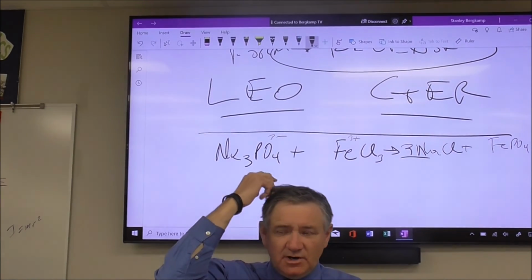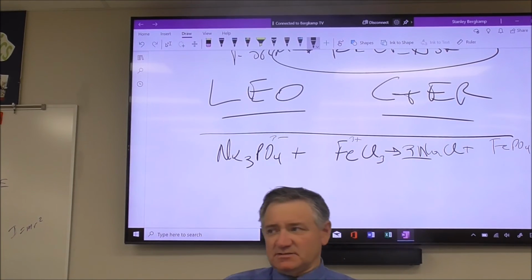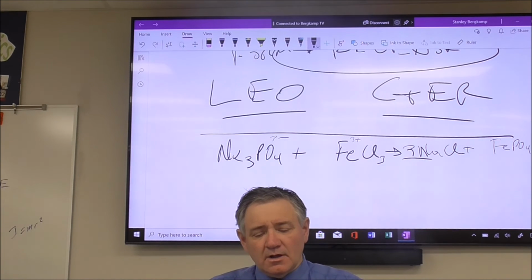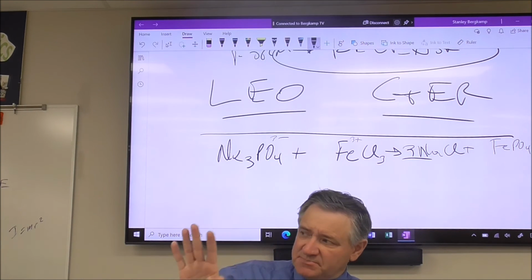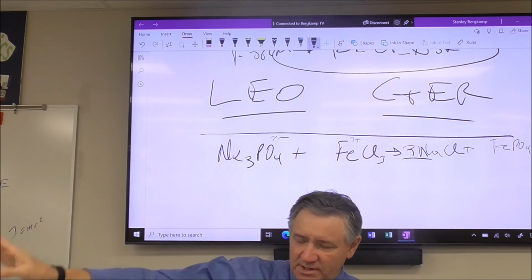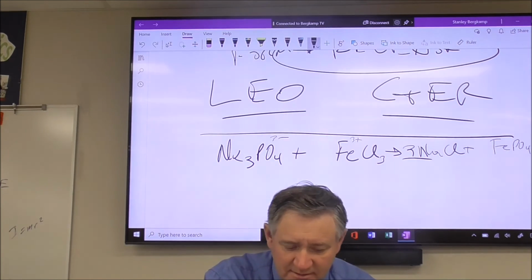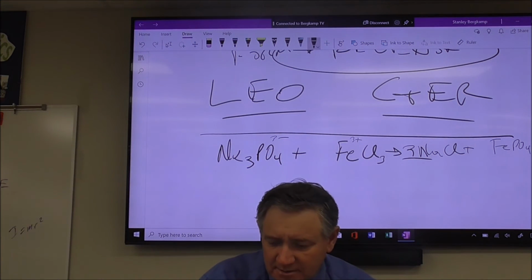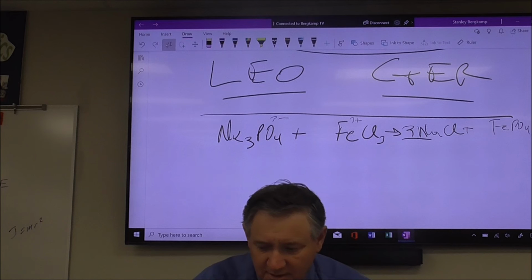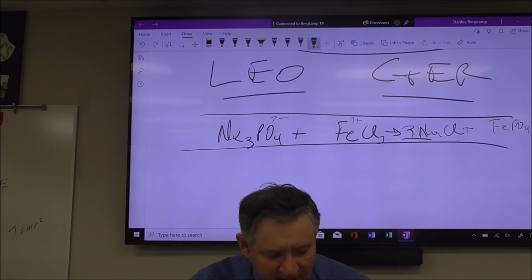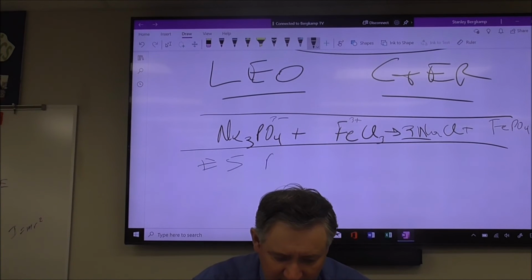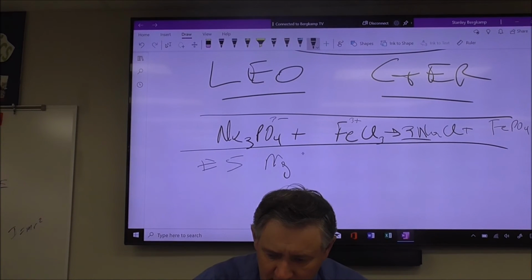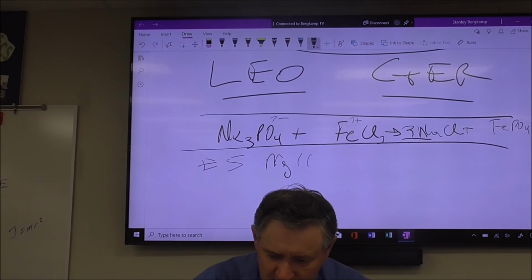In terms of decomposition reactions, the only ones I'm really going to expect you to know are 2 of them, just because these are the most often. So for example, on number 5, you have magnesium chlorate, Mg(ClO3)2.